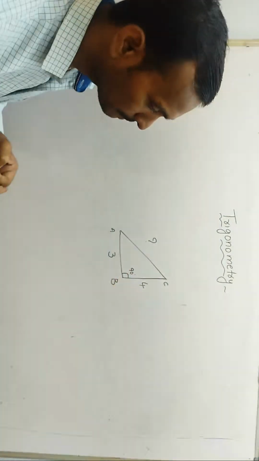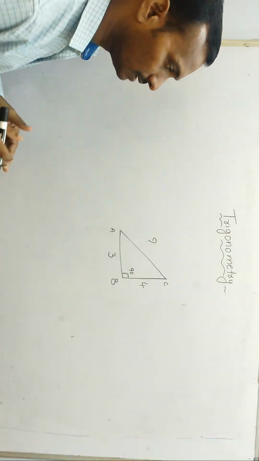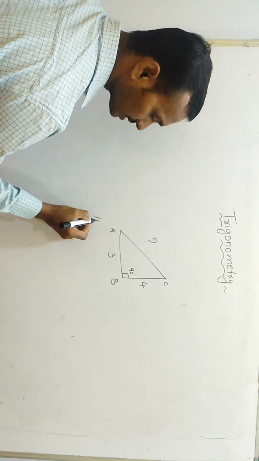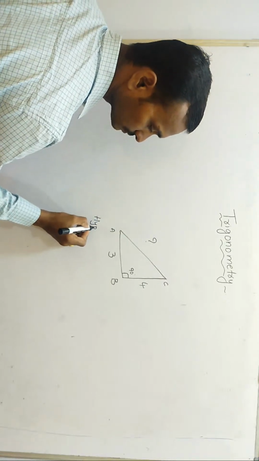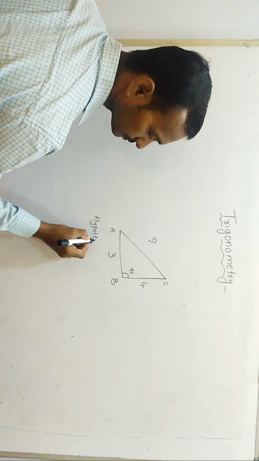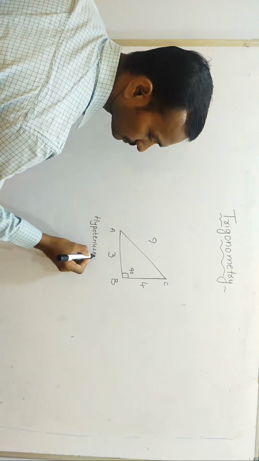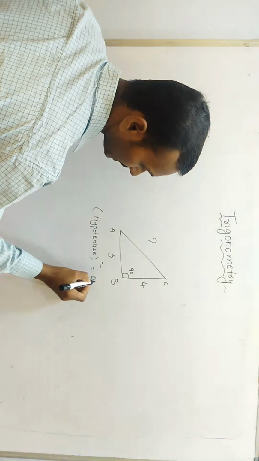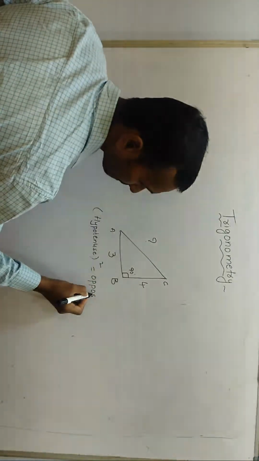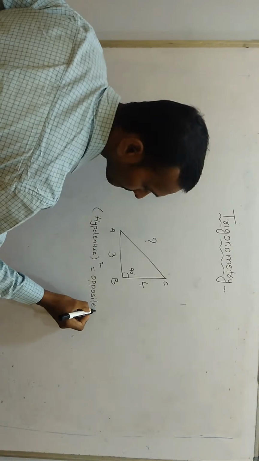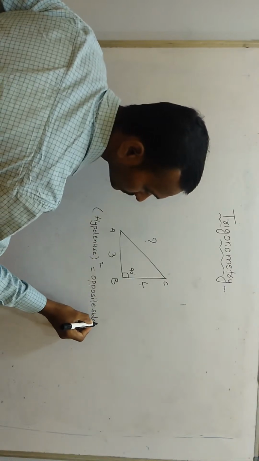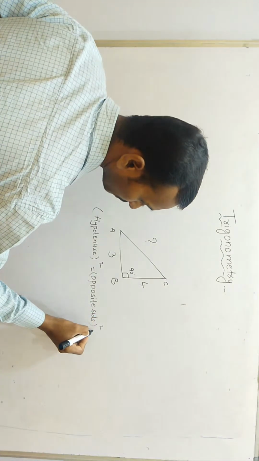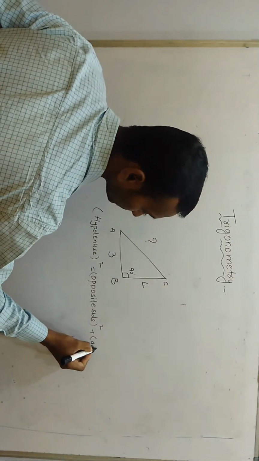So here we are going to use one formula. Hypotenuse square is equal to opposite side square plus adjacent side square.